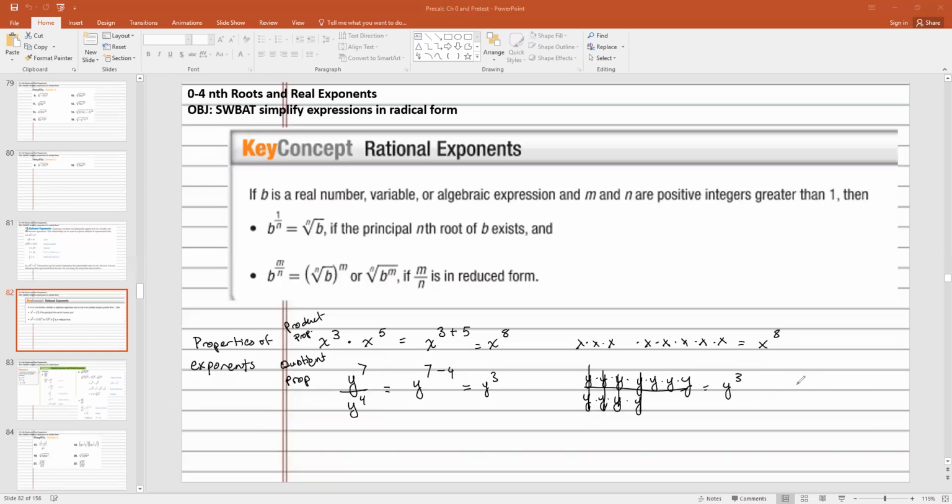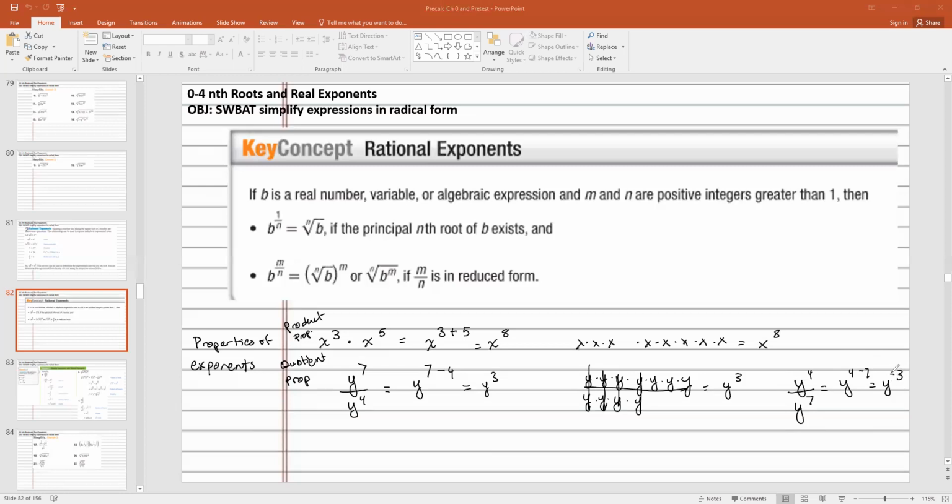Yeah, that's fine. So if the exponent in the denominator is bigger, you're going to end up with a negative number. It's always the numerator minus the denominator, always. So 4 minus 7 is going to give us y to the negative 3.